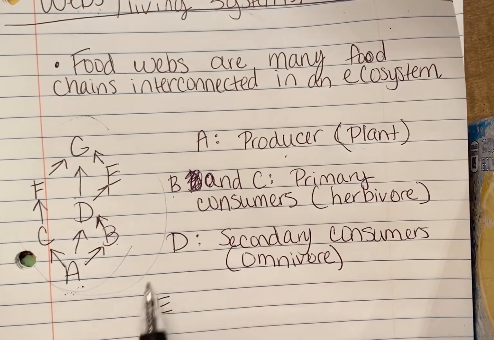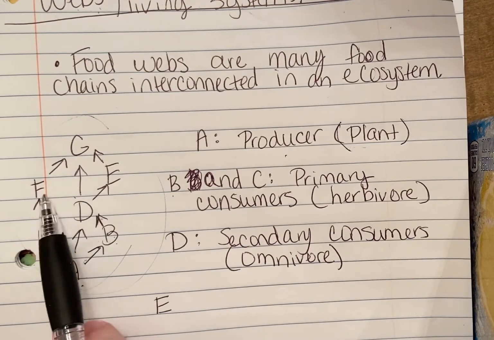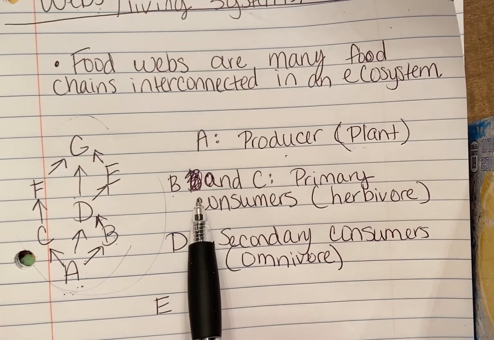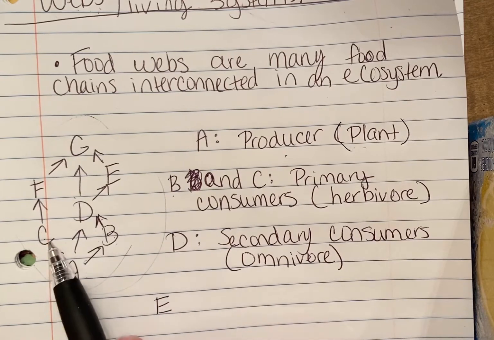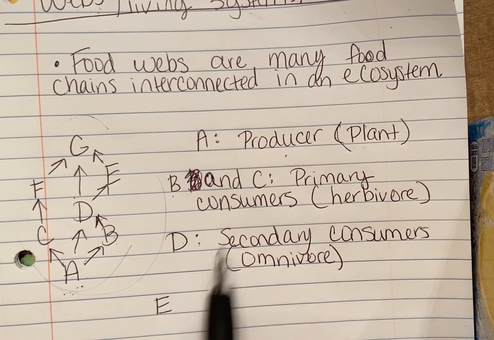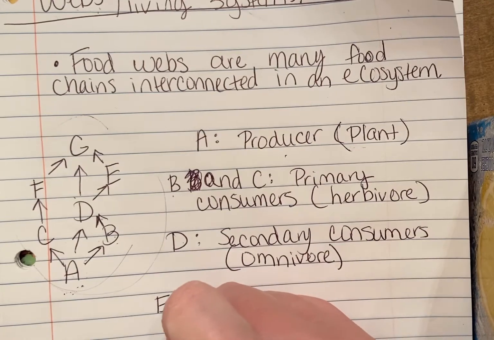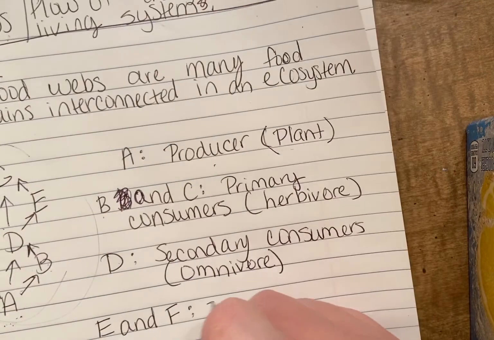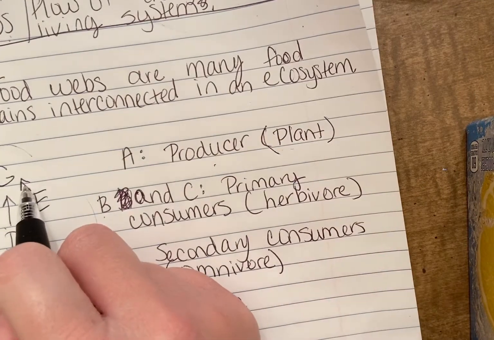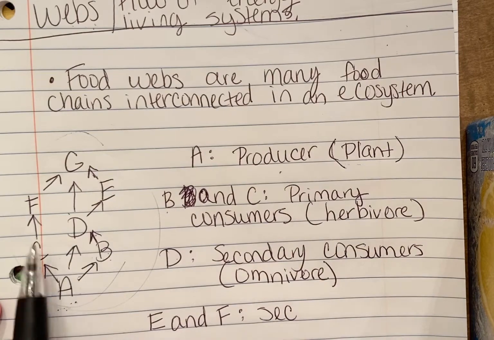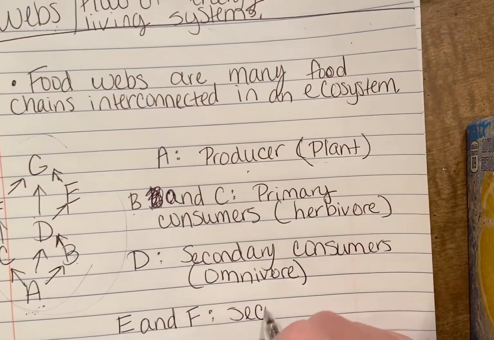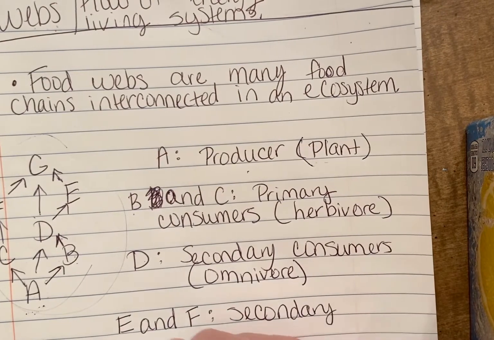E gets its energy from D, and F only gets its energy from C. If D and C are animals, they're consumers, that means E and F are also secondary consumers, because they still have arrows pointing away from them, so they're not the apex predators.